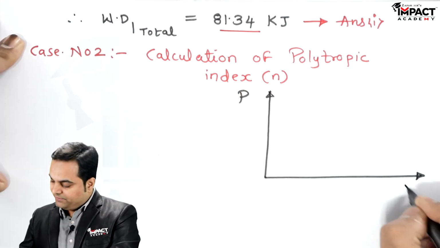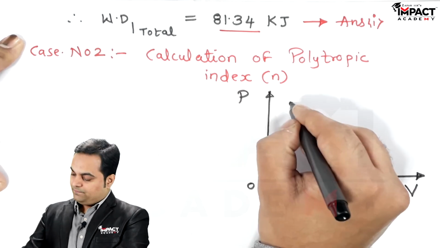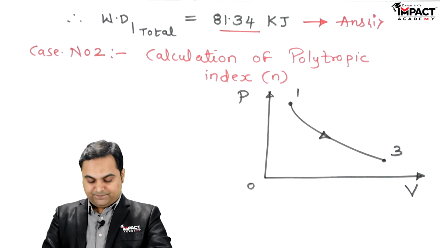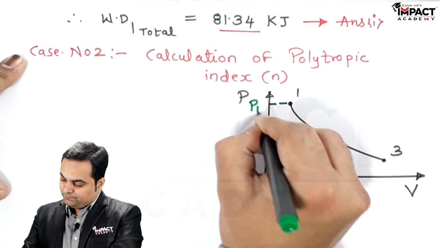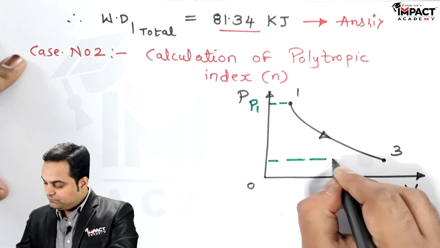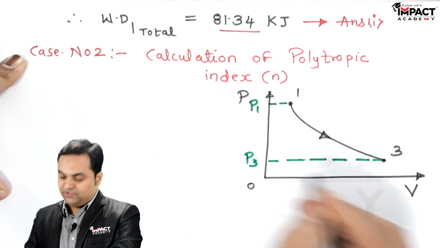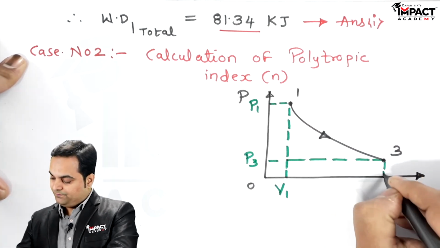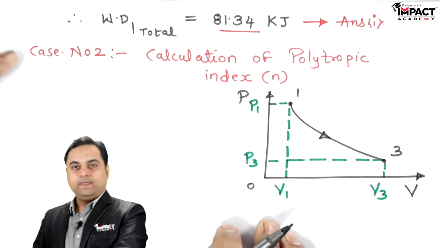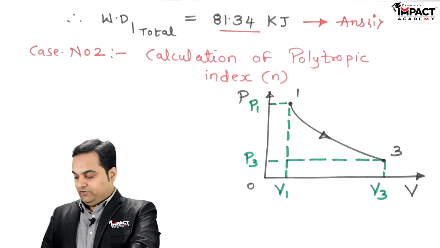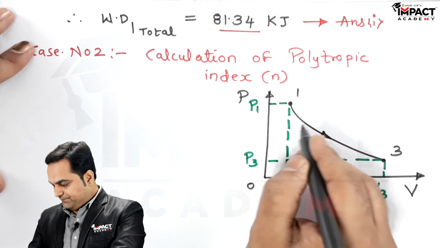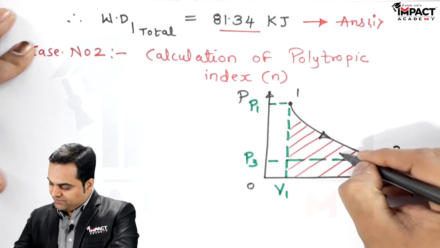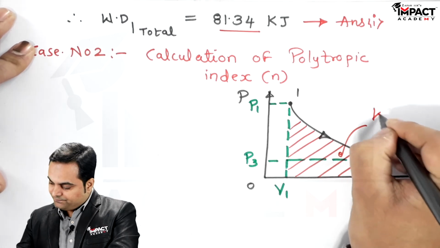So again drawing the PV diagram between the states 1 and 3. Pressure is P1 and here the pressure is P3. Volume is V1 and here it is V3. And whatever the area under this graph is, that gives us the work done.